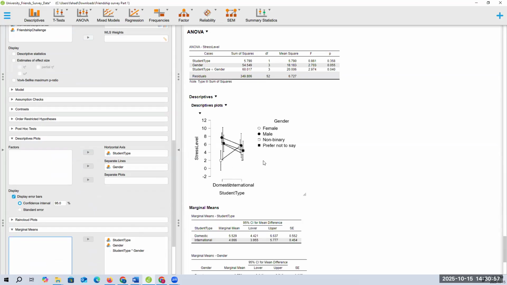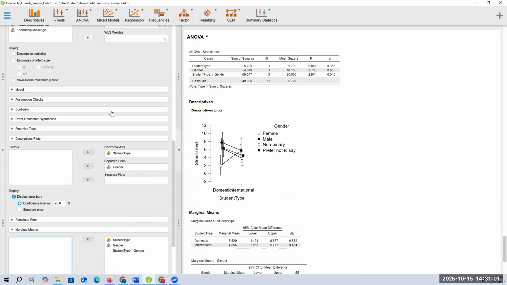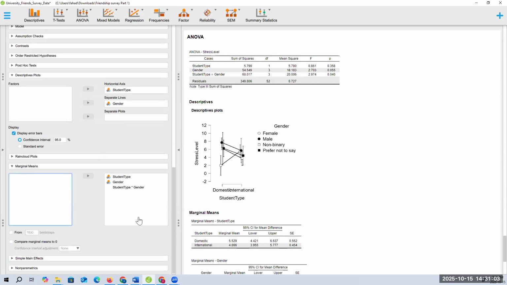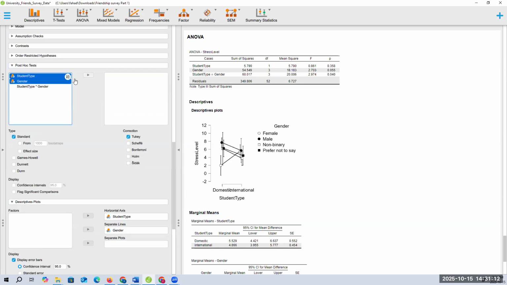This is interesting. We have to do some post hoc t-tests to explain these differences. Let's do Bonferroni. I think Bonferroni and Tukey are fine. Where we see the significant effect is the interaction between student type and gender. It looks like for non-binary, international students have higher stress level.